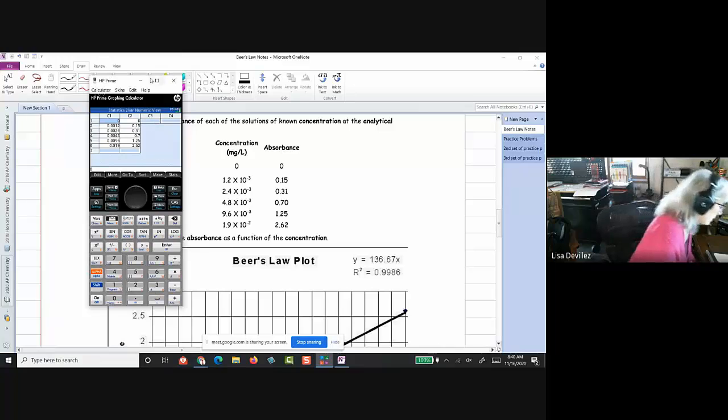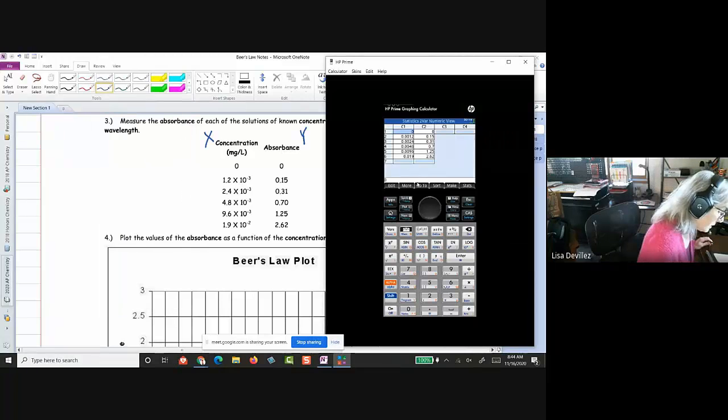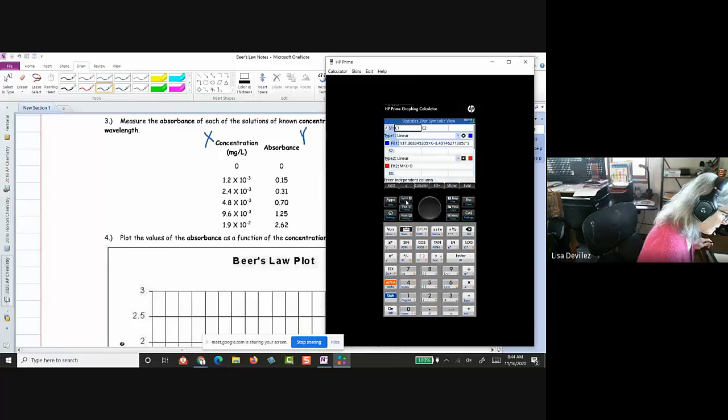Depending on what calculator you use, you want to do your plot once you get your data in.